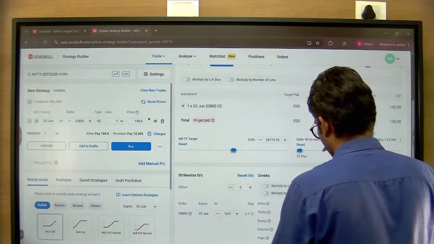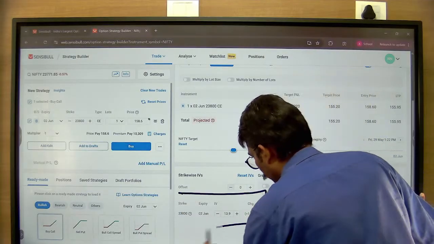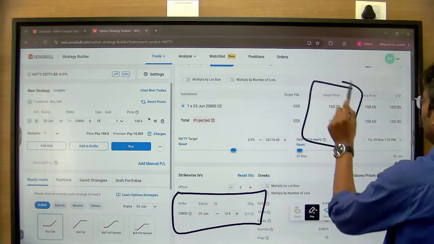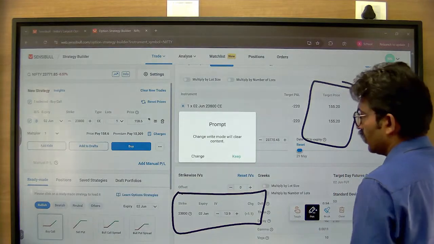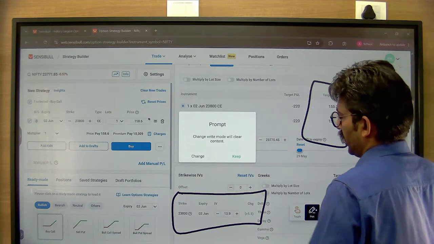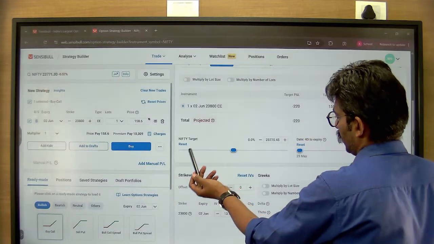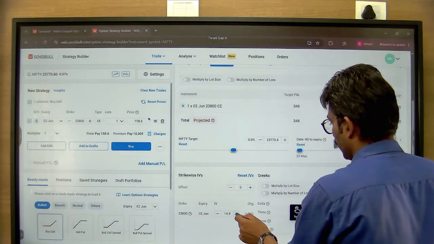One last try and then see if it works. I want this to be highlighted. See how it changes. Clear the content. Change. Let it go.